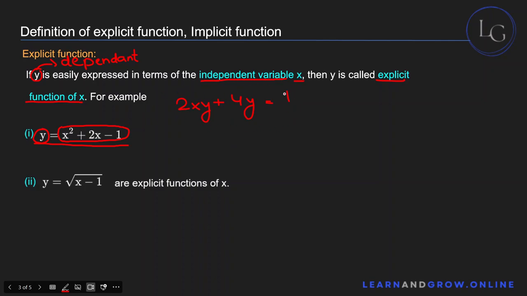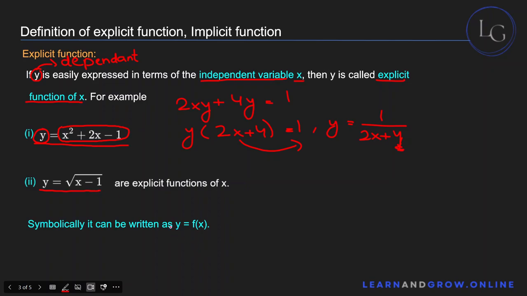This right now looks a bit weird, but in this case, y is an explicit function of x as well, because you can just take y common here, right? y(2x plus 4) is equal to 1, and then take this to the denominator, in which case it becomes y is equal to 1 over 2x plus 4. Oops, sorry, 4, right? And look at this example here. Again, y is clearly separated from the independent variable x, and so this is also an explicit function of x.